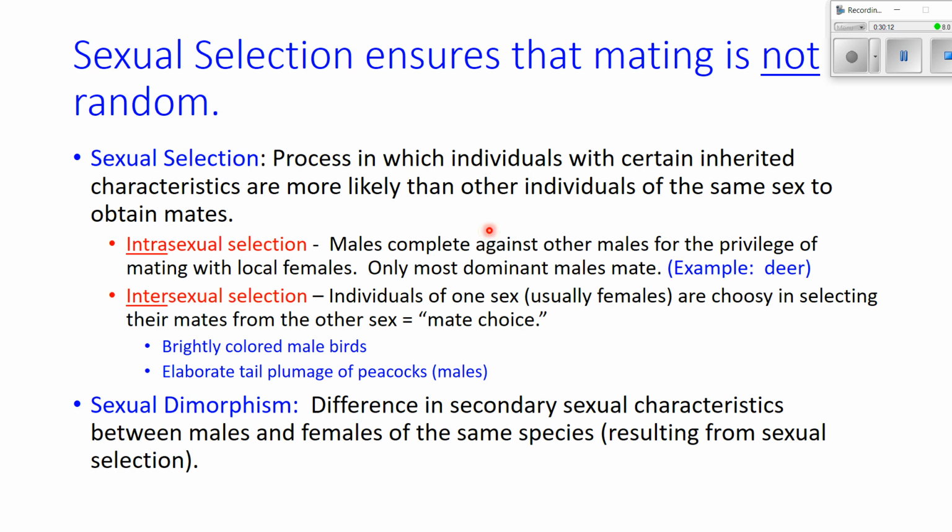So that's intra-sexual selection. But the more interesting form that this can take on is called intersexual selection. This is where individuals of one sex, it's usually the females, are very choosy in selecting their mates from the other sex.